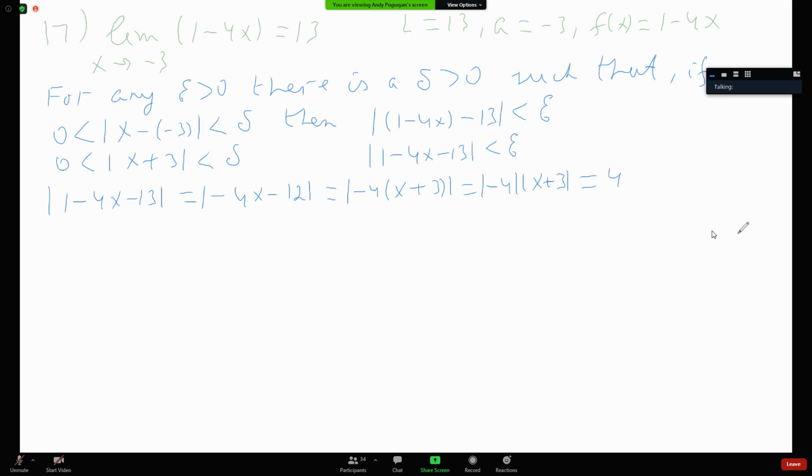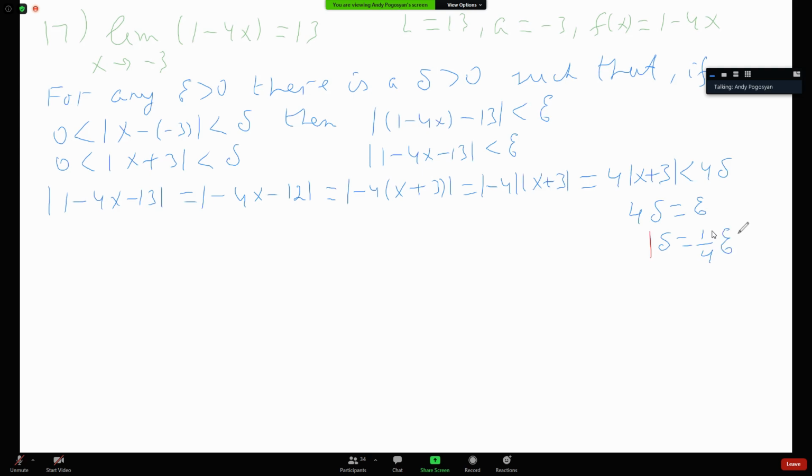This is 4 times absolute value of x plus 3, which is less than 4 delta. So we choose delta to be 1 over 4 epsilon. Delta equals 1/4 epsilon.